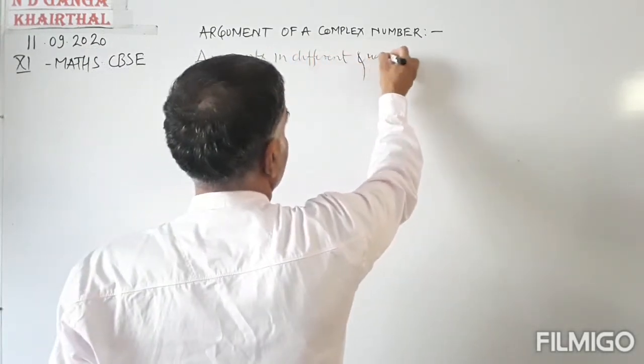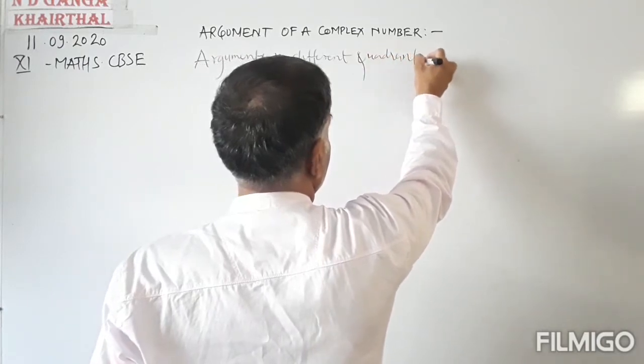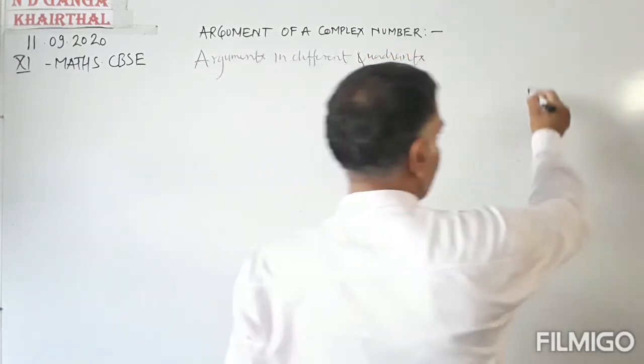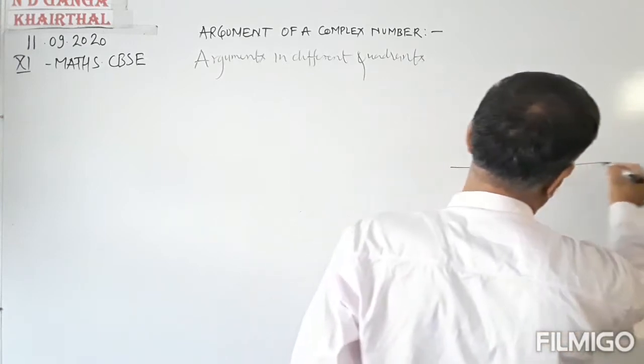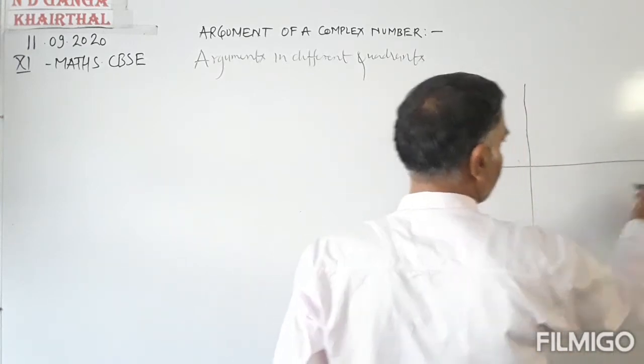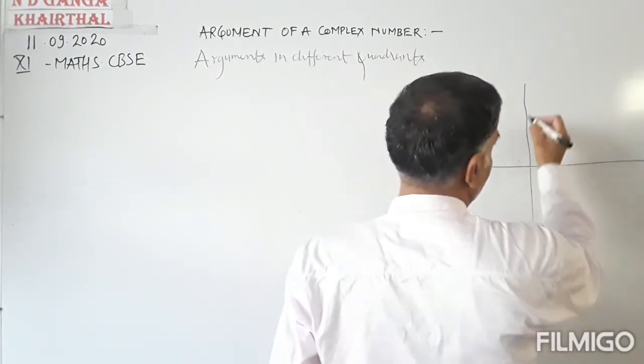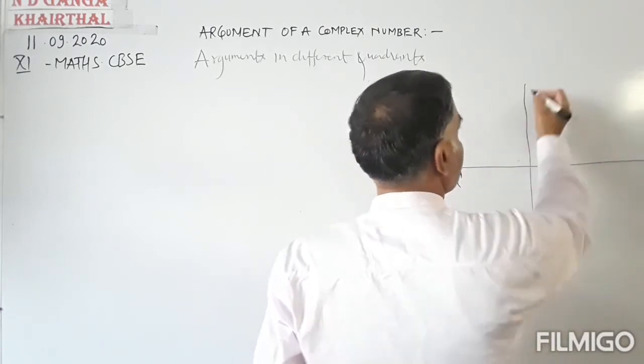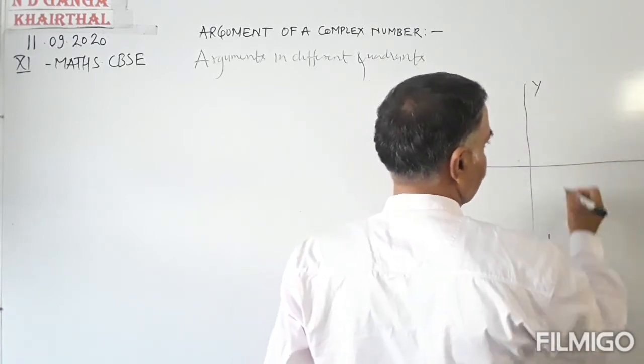Different quadrants means we are having four quadrants, X, Y, X dash, Y dash.